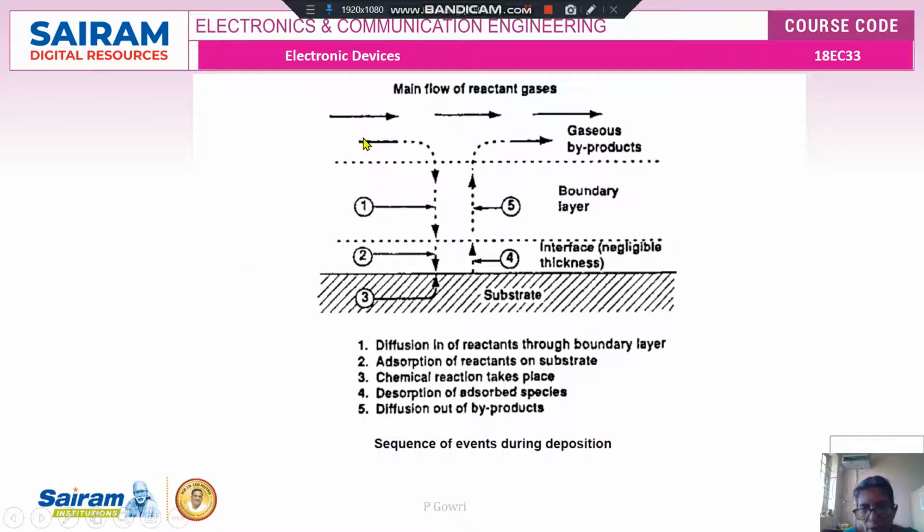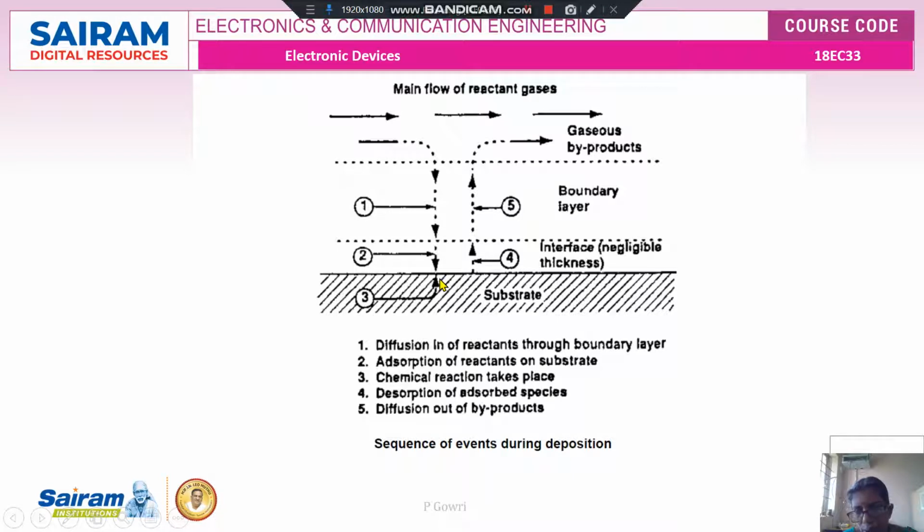The first one is the diffusion of the reactants through the boundary layer. This is the boundary layer we have, and when the reactants come inside it, absorption happens, and after absorbing the diffused particles, a chemical reaction takes place.